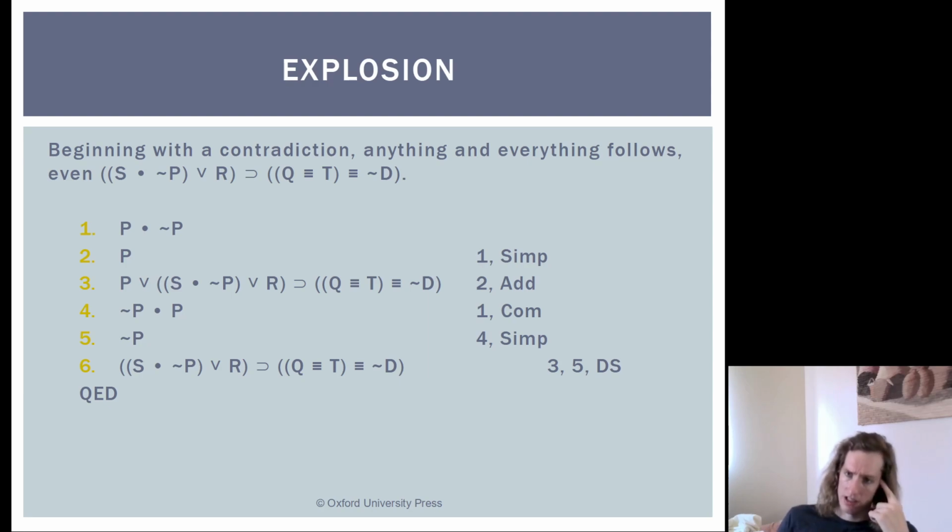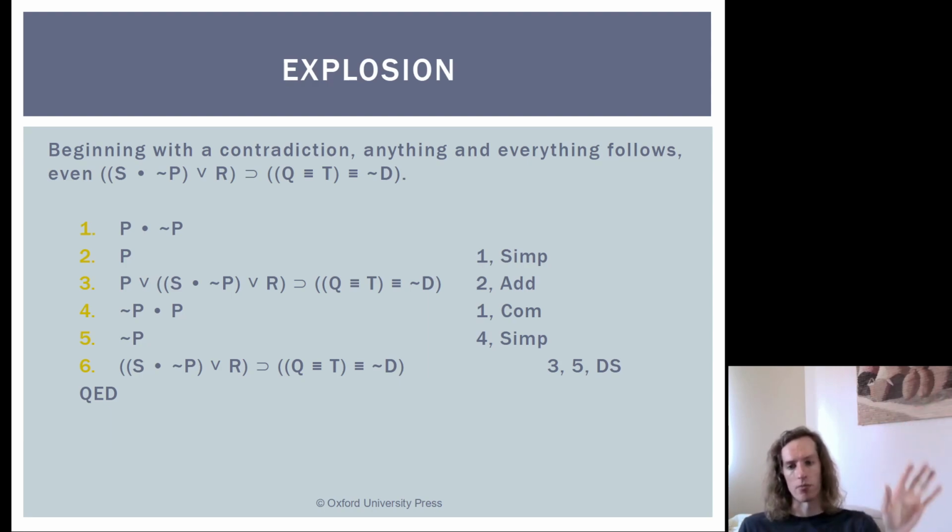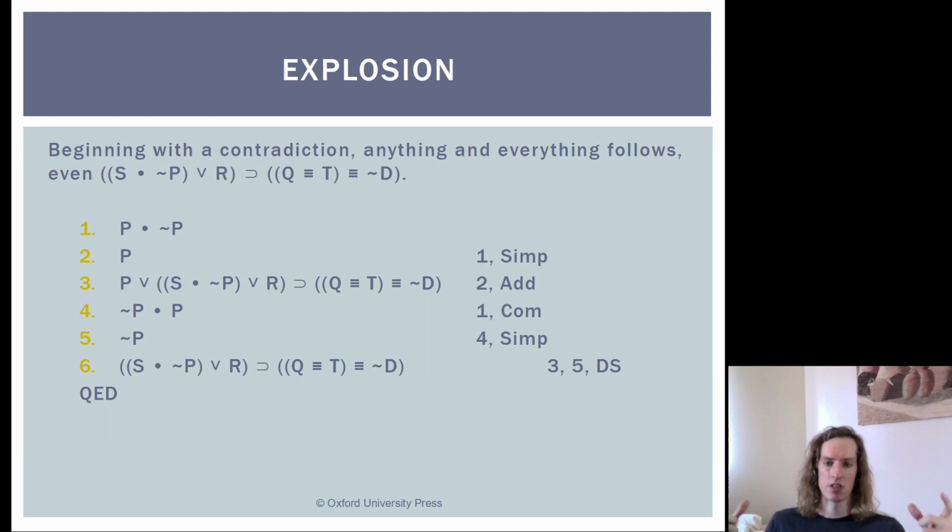This is a little bit complicated, but a real simple way to do it is if we have P and we have not P, then we can use the rule of addition to add absolutely anything we want to P. And because we have not P, we can use disjunctive syllogism to get rid of the P and just say that whatever's on the other side of the P was true. So this is an example of how if something goes wrong and you end up with a contradiction, absolutely anything follows from it. So that's something that'll be useful.